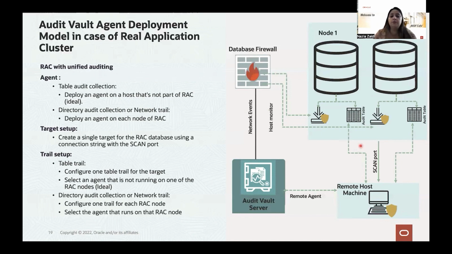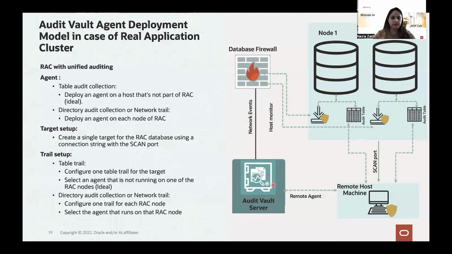Okay. How will your target setup happen? It will be a single target configured to your audit server, not multiple targets, with a scan port. Okay, where your connection string will have scan port defined, and you will have just a single target of that cluster registered to your Audit Vault server, not the individual nodes.